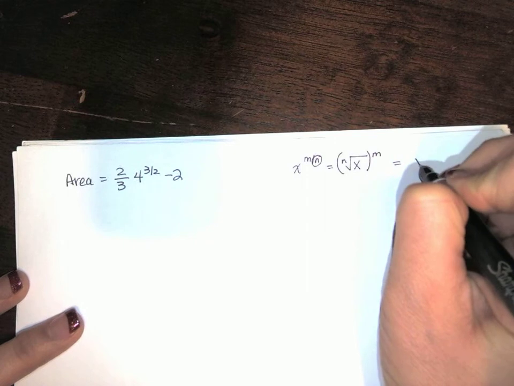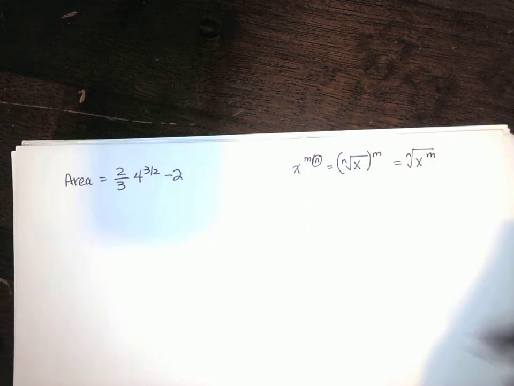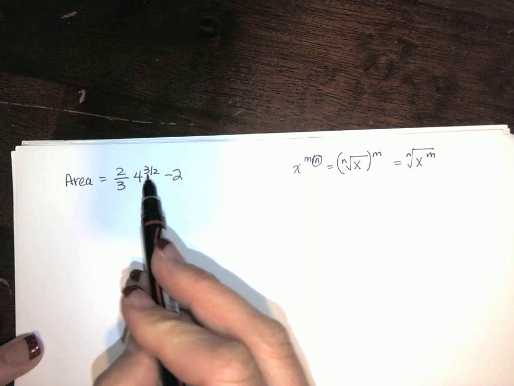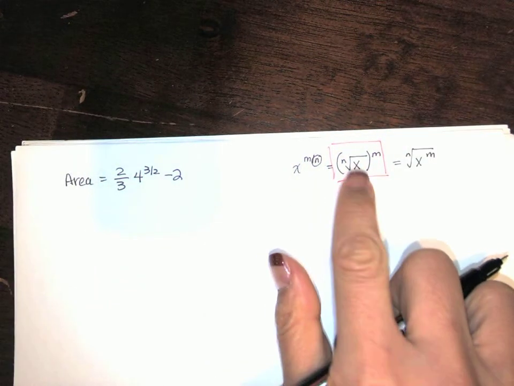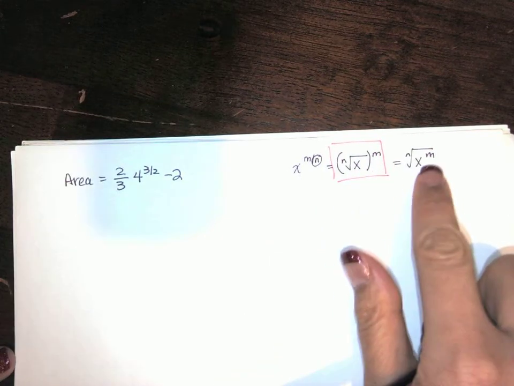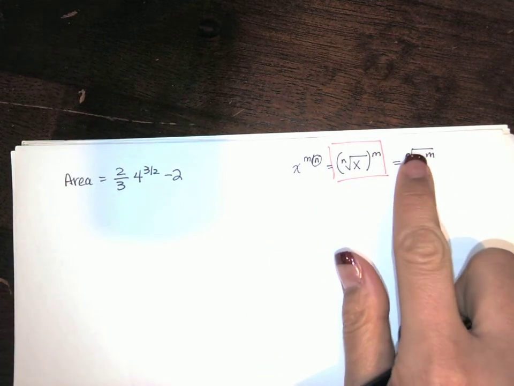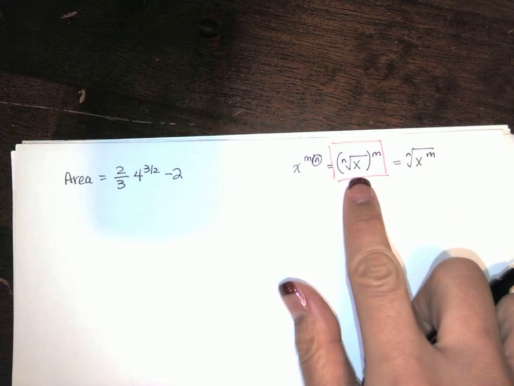You can also take x to the m and then take the nth root, and that's the same thing. But when I'm dealing with numbers like this 4 to the 3/2, I want to do this one because taking the nth root of something is going to make it smaller. And then I'll have a smaller number that I raise to a power, rather than taking a larger number and taking the nth root of it, which I might not know as easily, as intuitively as I know this one.